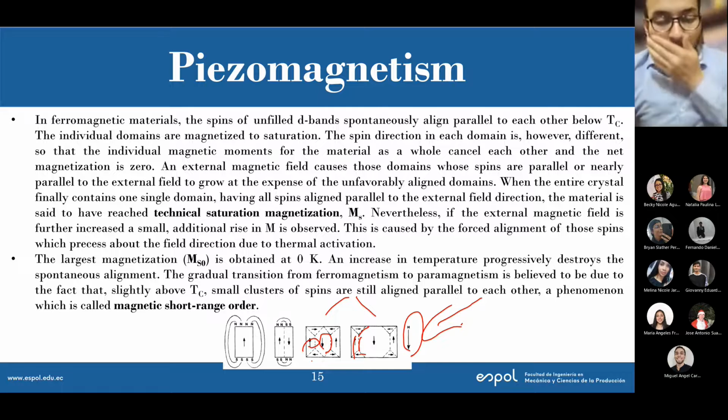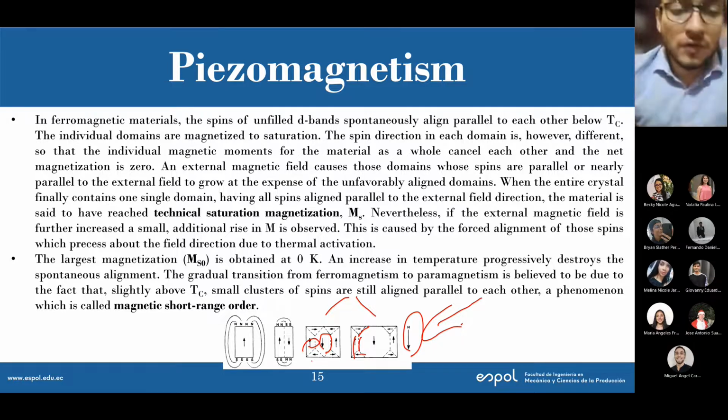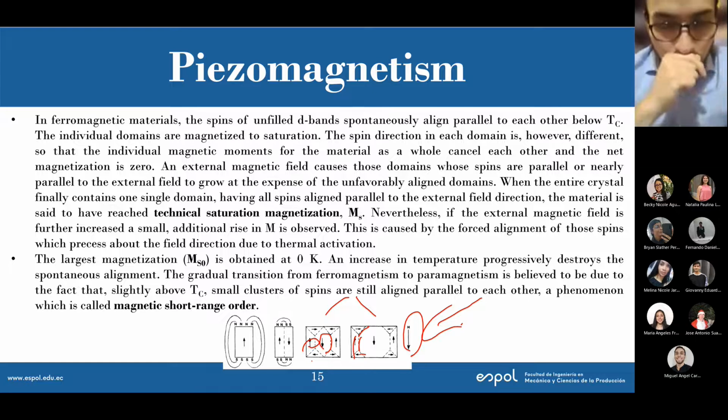The ones that are aligned with the magnetic field will start growing at the expense of the unfavorably oriented ones. Okay.